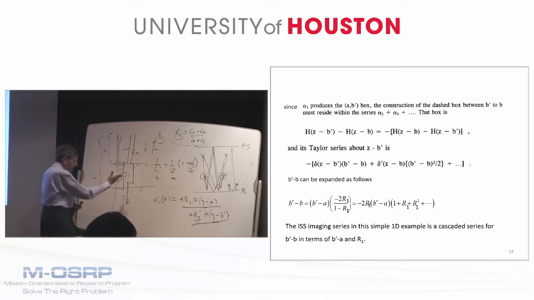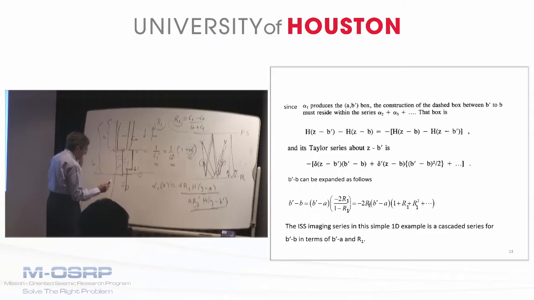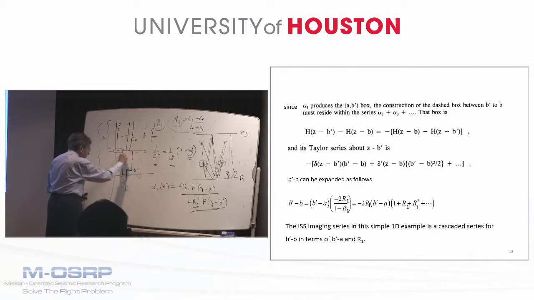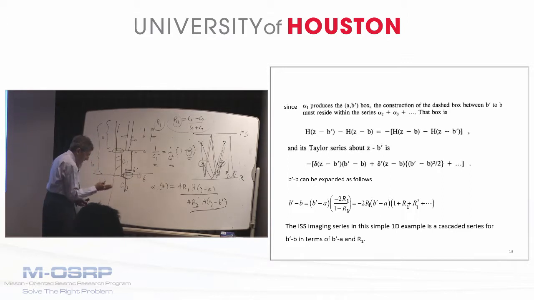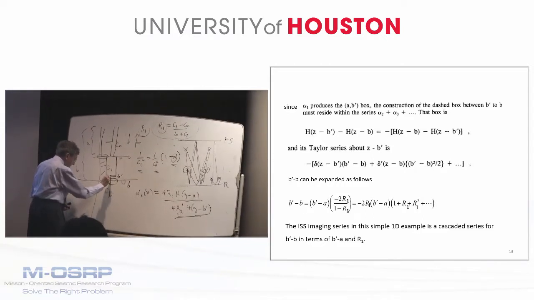The box is at B prime, not at B. So I imagined that somehow the inverse scattering series, if I was not interested in fixing that amplitude, but just interested in locating this B, that I'm interested in a location-only subseries.